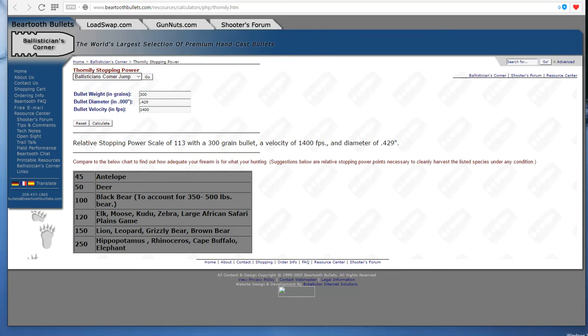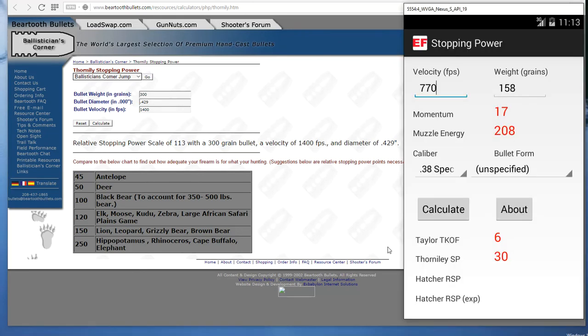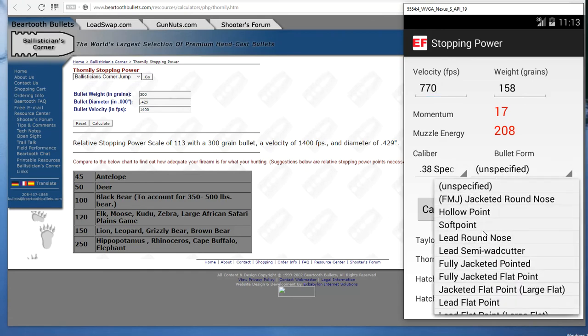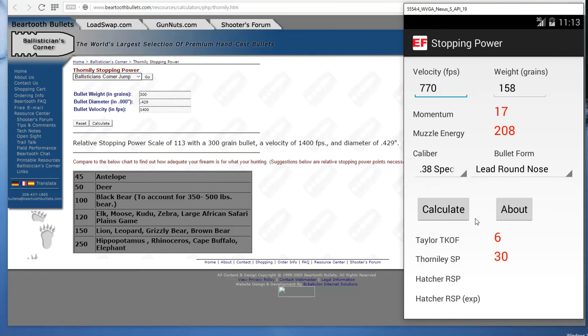So going back to our app, specifying a bullet form, tapping calculate, we have a general Julian Hatcher relative stopping power value of 27.